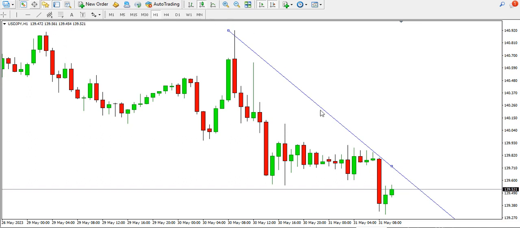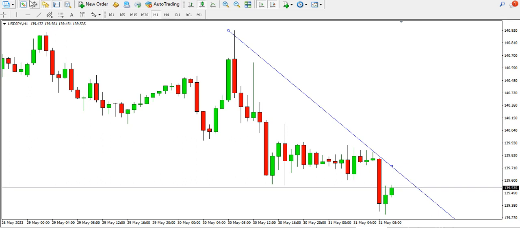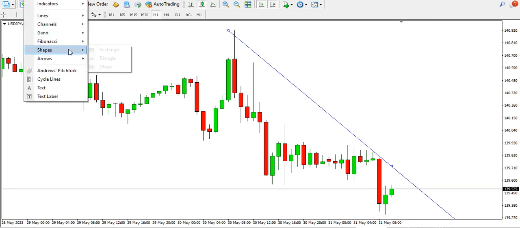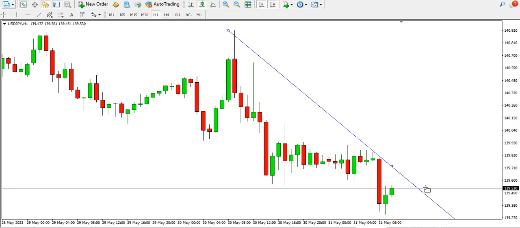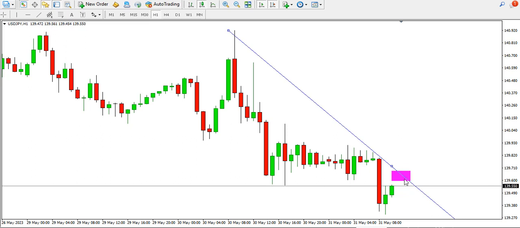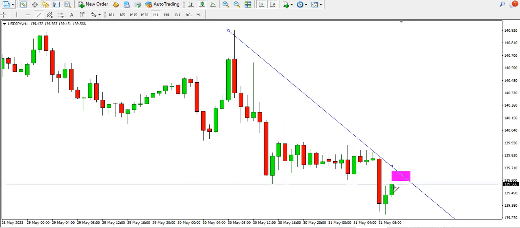All right, now a break above this descending trend line might be a caution to the bears or to the sellers. If price breaks above this trend line, that might mean price has found support, and a break above this level might signal a retracement or reversal of price.